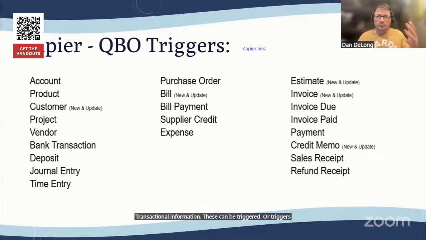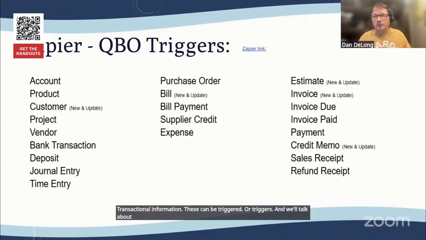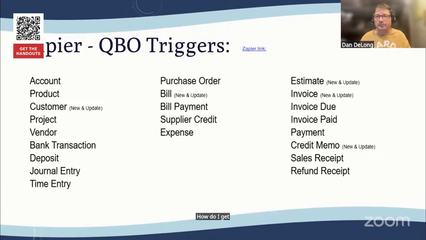We'll talk about one of the simpler ones, because there was a Facebook post in our group that I thought might be a good example: how do I get alerted when my customer creates and modifies their chart of accounts?